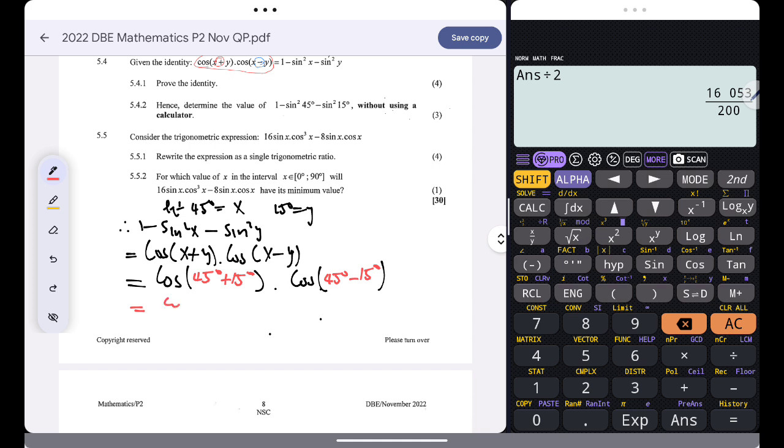So I simply have the cos of 60 degrees multiplied by the cos of 30 degrees. Cos of 60 degrees will give me a half. Cos of 30 degrees is the square root of 3 all over 2. So my final answer will be the square root of 3 all over 4. So without the use of a calculator, this guy is equal to the square root of 3 over 4.